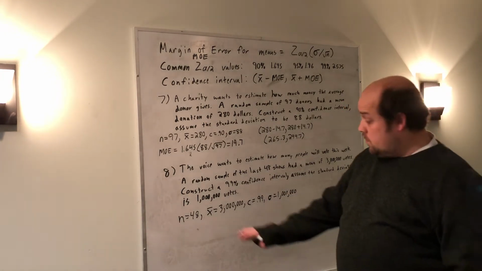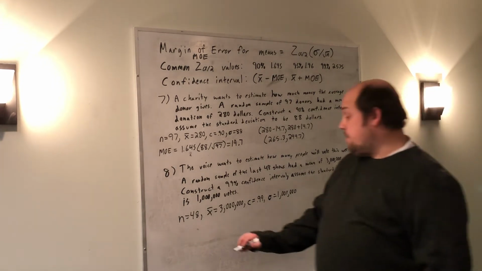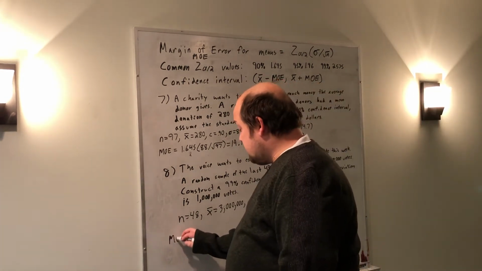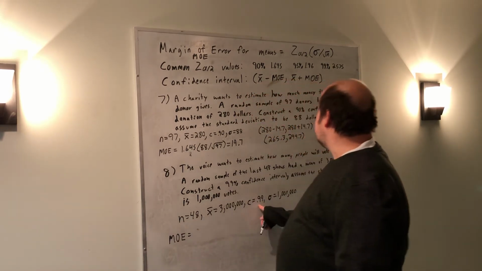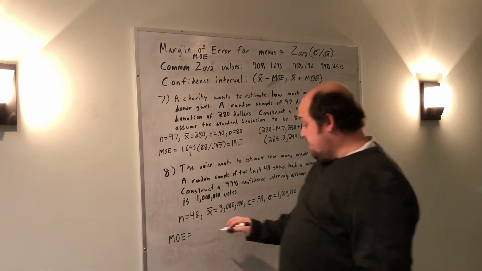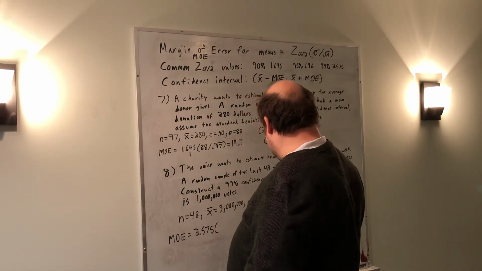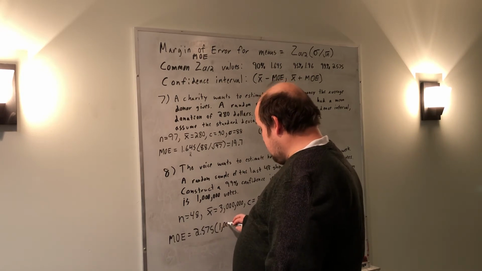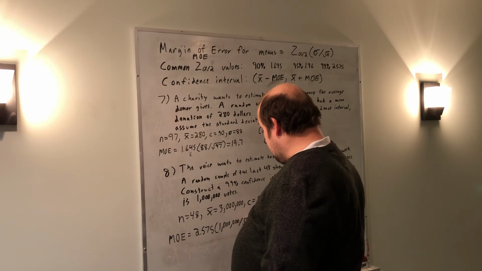Same idea. Once I'm able to label the four things I need, I start by calculating my margin of error. In this case, my margin of error equals, for a 99% confidence interval, I should be using the number 2.575 times my given sigma, 1 million, divided by the root of n, in this case 48.